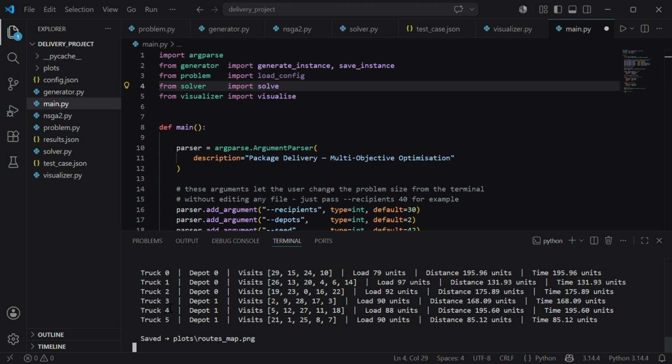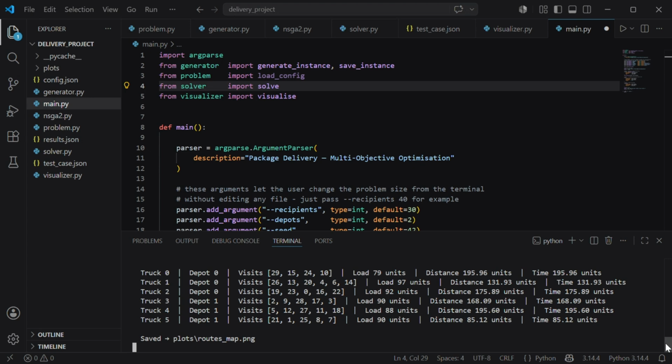Truck 3, truck 4, truck 5 left from depot 1.